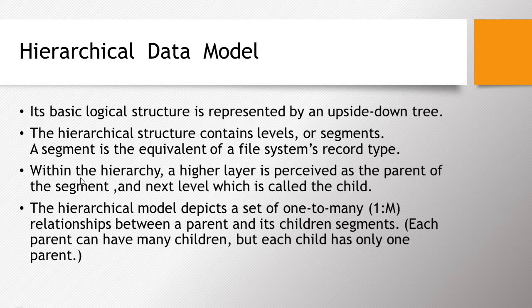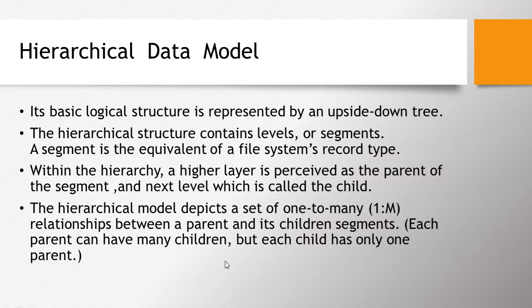The next type is the hierarchical data model. This hierarchical data model is based on the inheritance concept. Its basic logical structure is represented by an upside down tree. It's like a binary search tree, as you already know. The hierarchical structure contains different levels or segments. A segment is the equivalent of a file system's record type.